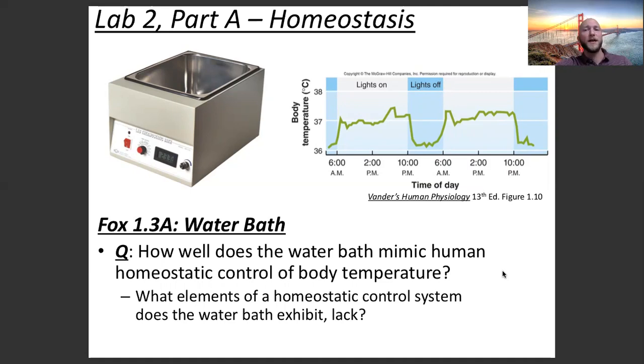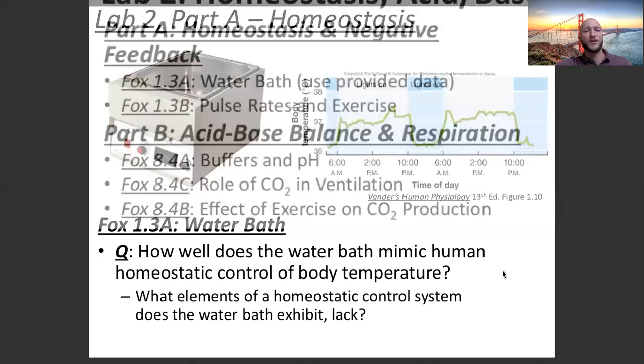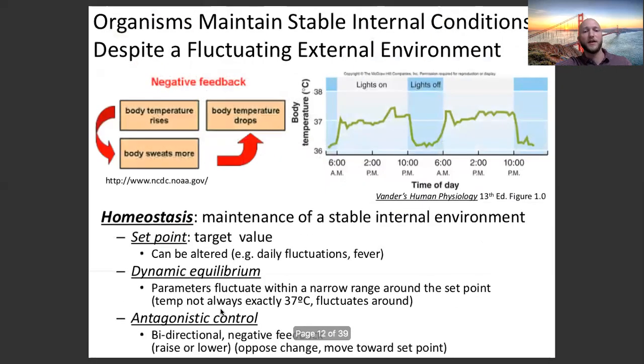The water bath has unidirectional, one-directional negative feedback. The human body has bidirectional negative feedback. The human system has antagonistic control. The water bath does not have antagonistic control. It has one-directional negative feedback.